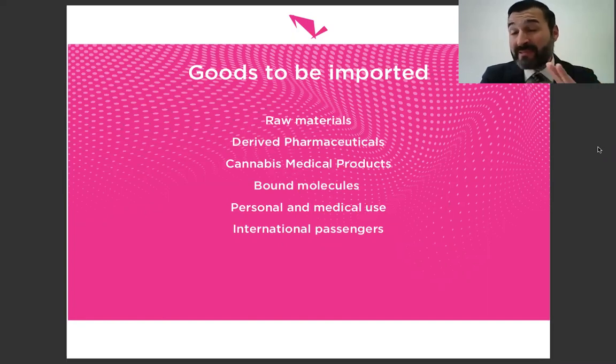Remember that in Mexico, if you don't know this, the main issue that led to the legalization or regularization of cannabis in Mexico was personal and medical use.